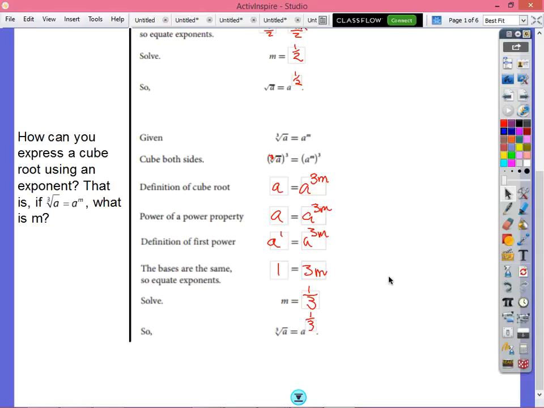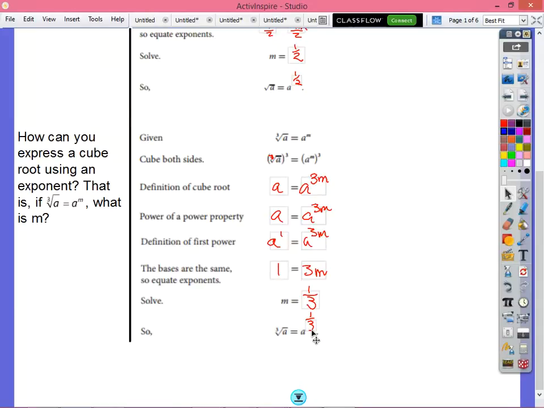After completing that next part, we can see that having the cube root of a number is equivalent to raising that number to the 1/3 power. And those things are equivalent. That means they're the same. The cube root and an exponent of 1/3 are the same.